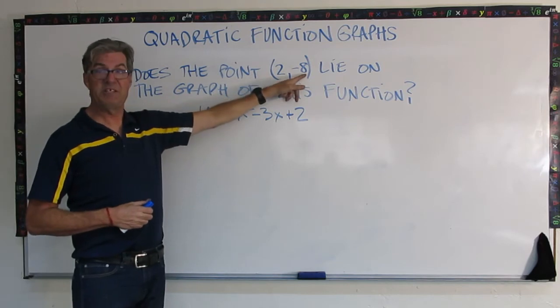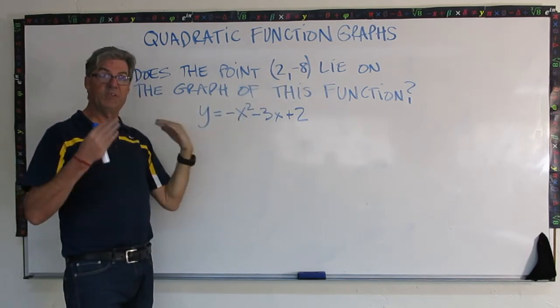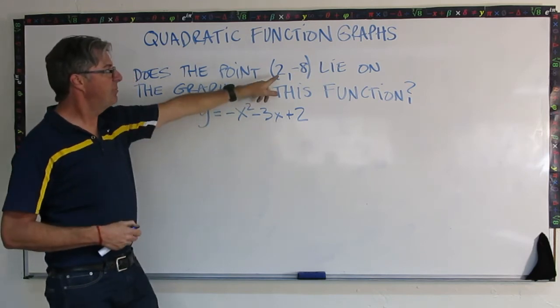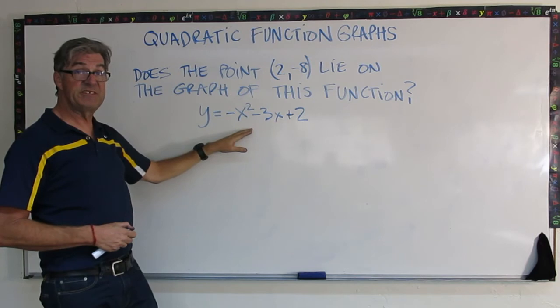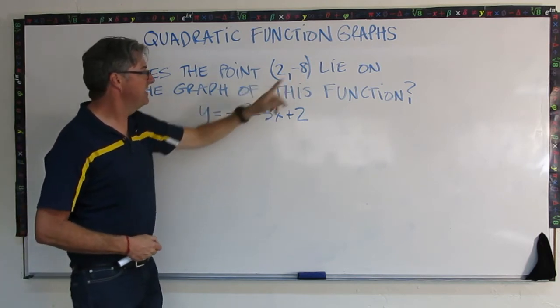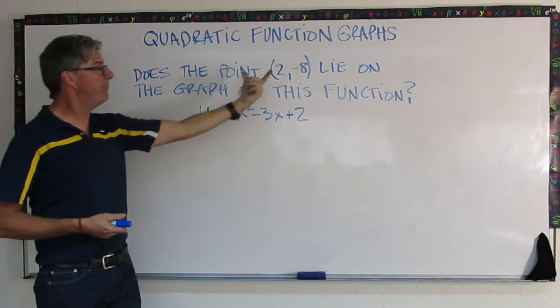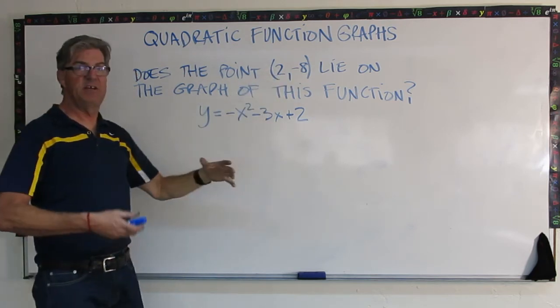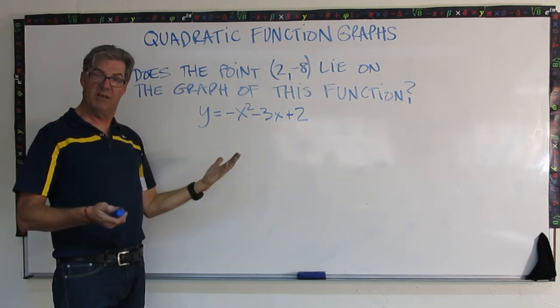If this point is on this function when it graphs, what that means is that if you put 2 in for x and simplify this out, you should get -8 for y. So that means that the point 2, -8 satisfies this function, okay?